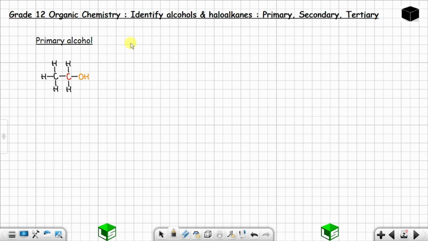Let's see a secondary alcohol. How do we identify it? Let's say you have this organic compound, which is an alcohol. To identify this as a secondary alcohol, we have to look for a hydroxyl group. This is a hydroxyl group. It is attached to this carbon atom, which is in red.